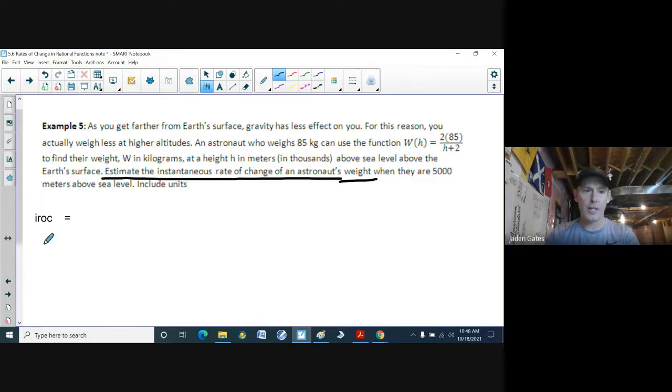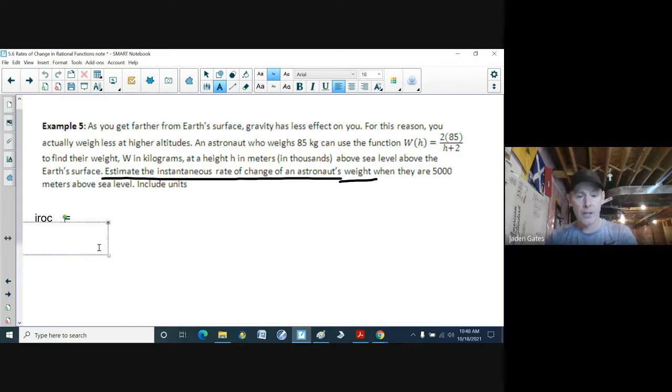So we'll be checking this instantaneous rate of change at h equals 5, because we got 5,000 meters we're looking at. So we want to know what our weight is in kilograms here, which, well, we'll talk about that in physics.